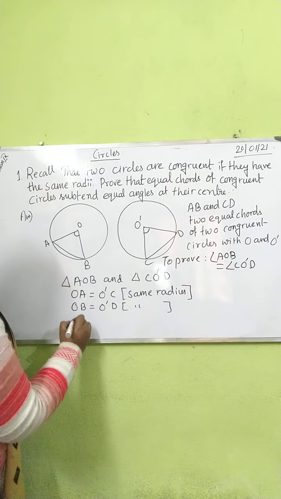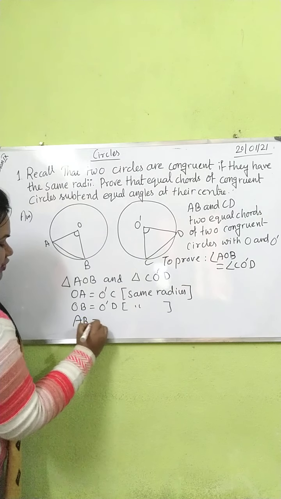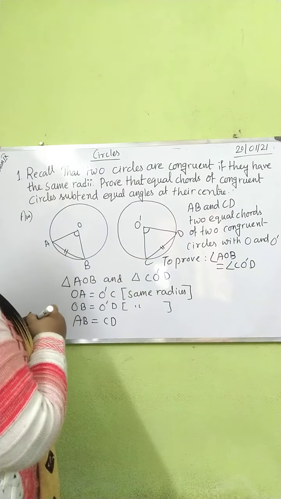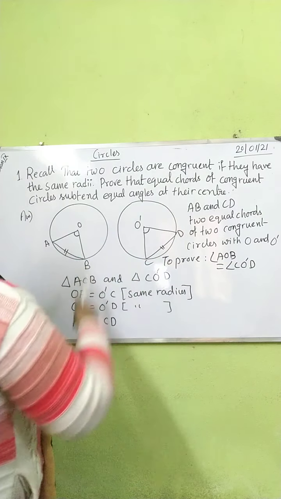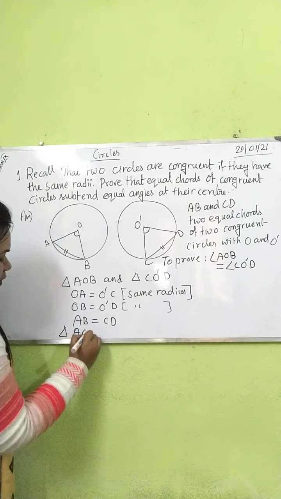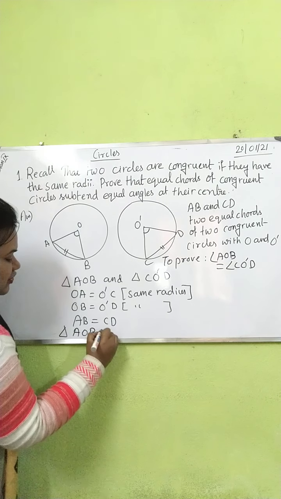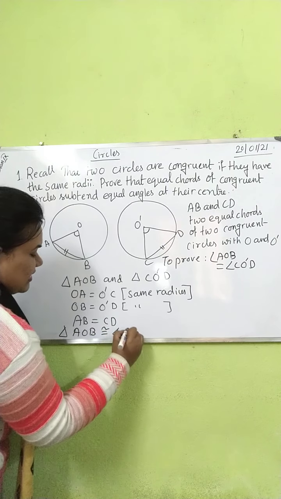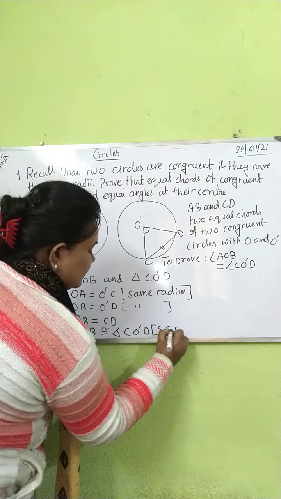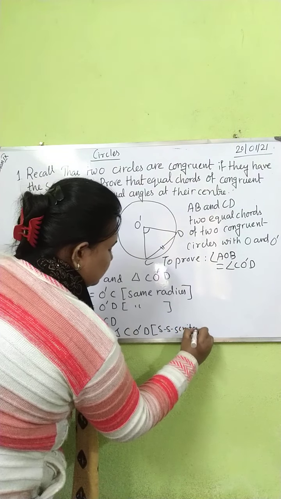And we can write that AB equals CD because both are chords and it says that the chords are equal. So from here we can write triangle AOB is congruent to triangle CO dash D by SSS criterion.